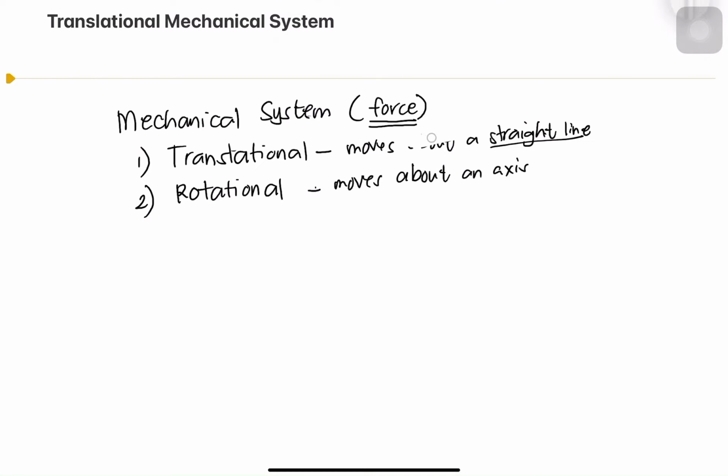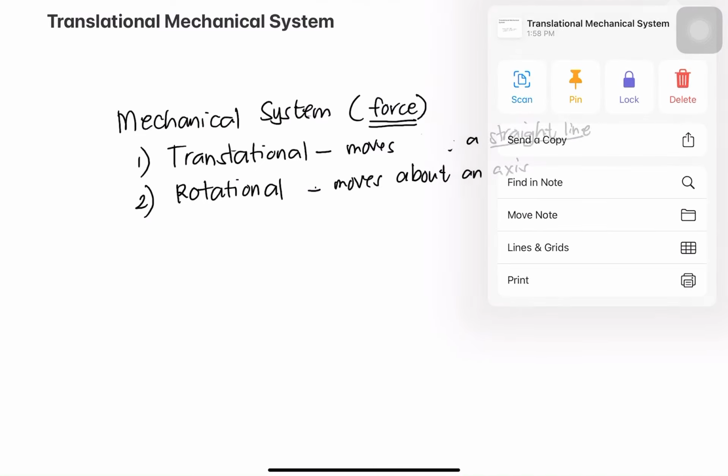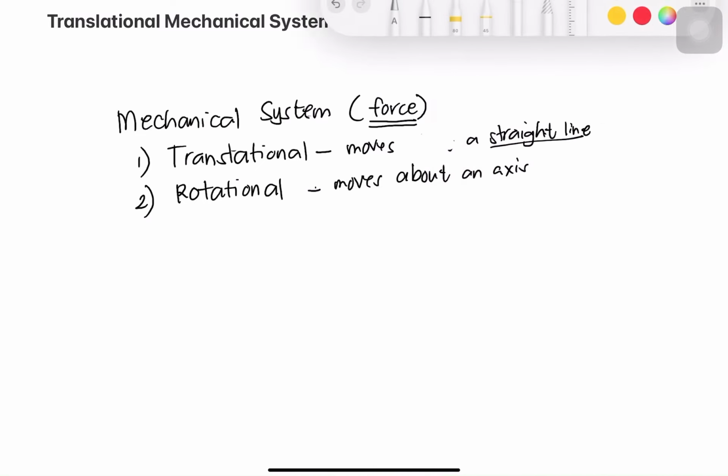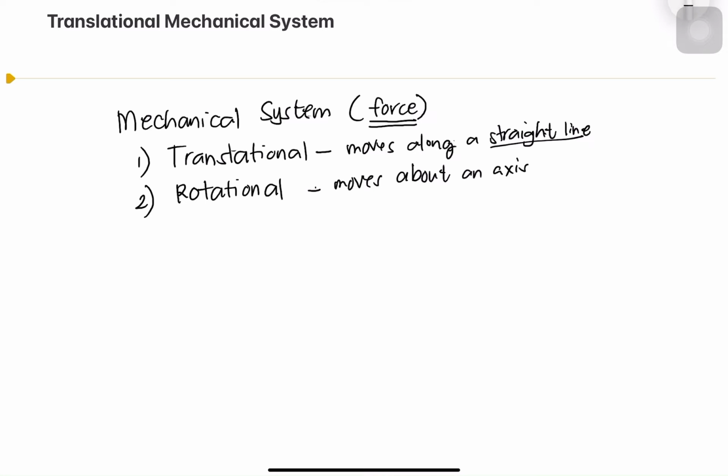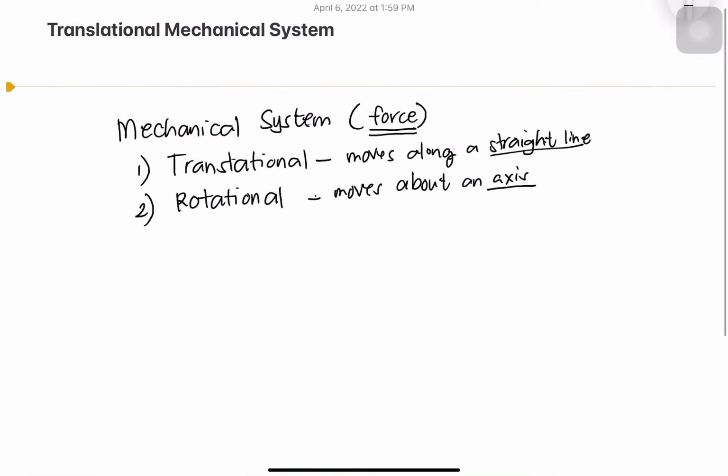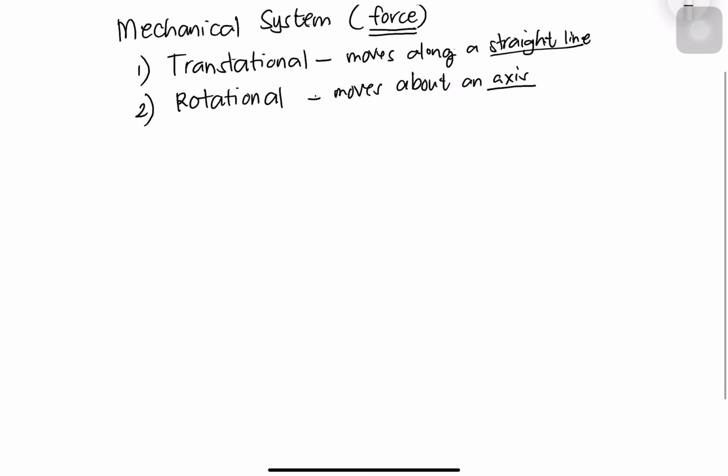Okay, let's change this. It should be moves along a straight line. So for rotational, it's the force moves about an axis. So we're going to deal first with the translational mechanical system.